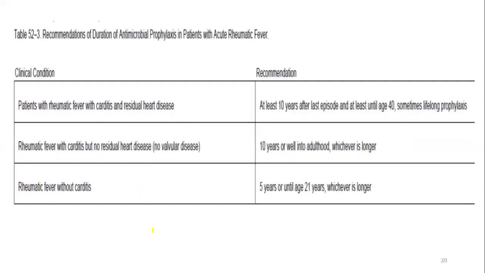Then the next step is, how long do we give prophylaxis for secondary prevention? The duration of treatment is guided by the clinical condition of the patient. For example, if a patient has rheumatic fever but no carditis, 5 years of prophylaxis is commonly recommended.